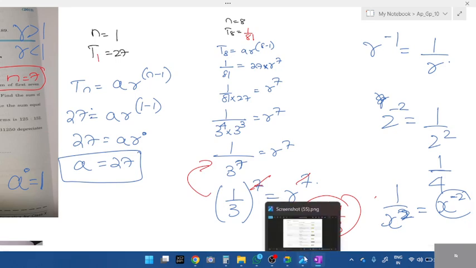Is it greater than 1 or lesser than 1? If you divide, are you getting a decimal number or a whole number? 1 by 3. Decimal number. Yes, if it is a decimal, is it greater than 1 or lesser than 1? Isn't it lesser than 1?